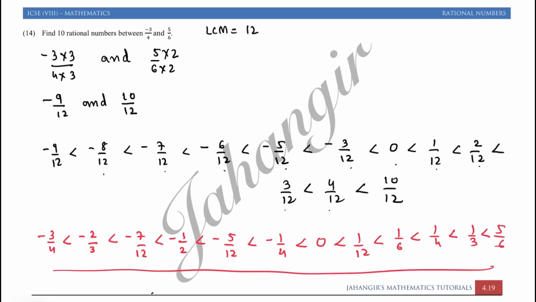These are the 10 rational numbers between -3/4 and 5/6. Okay, hope this is clear, how to put rational numbers between two given rational numbers.